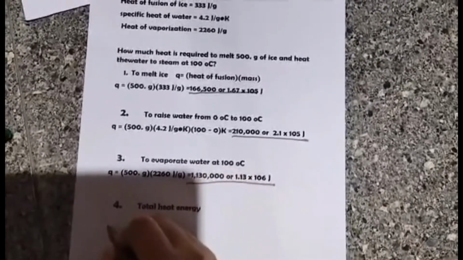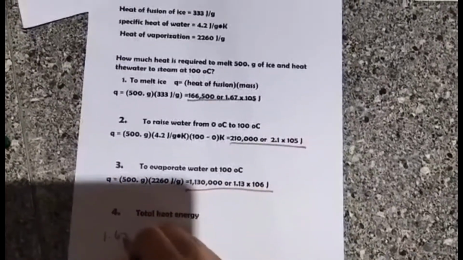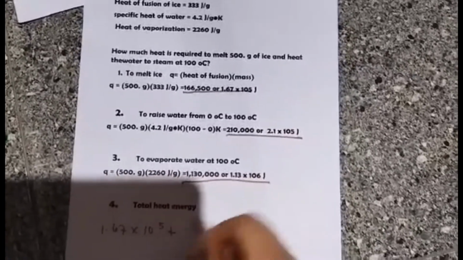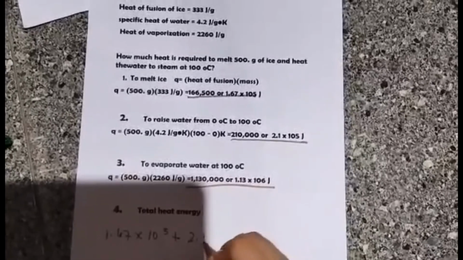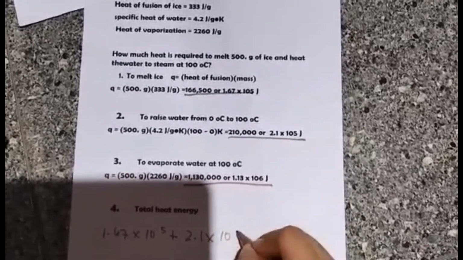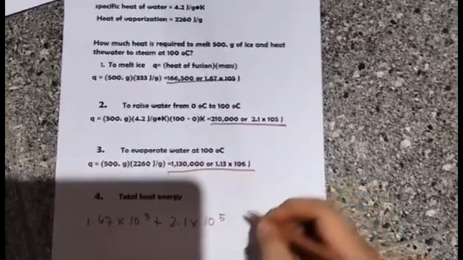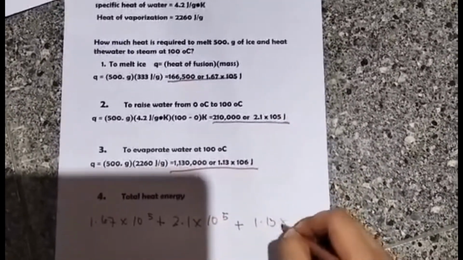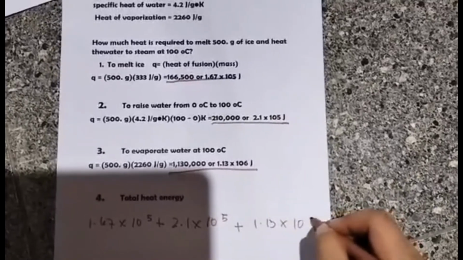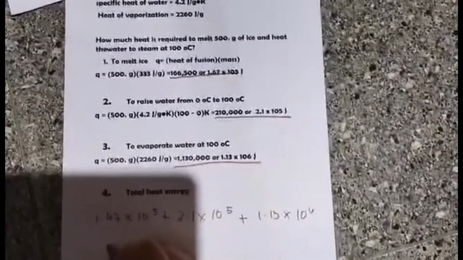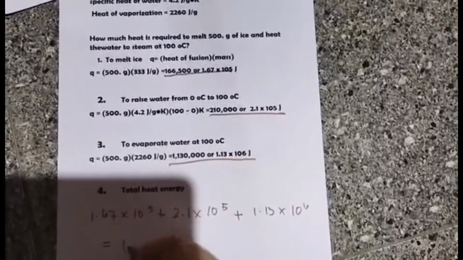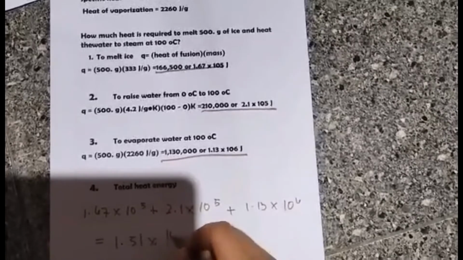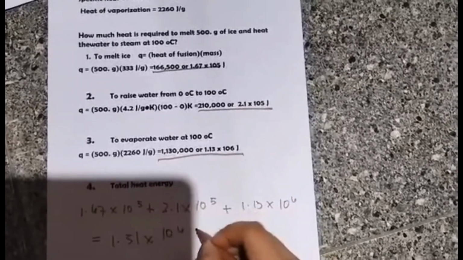So 1.67 times 10 raised to the power of 5 plus 2.1 times 10 raised to the power of 5 plus 1.13 times 10 raised to the power of 6. So the answer is 1.51 times 10 raised to the power of 6 joules.